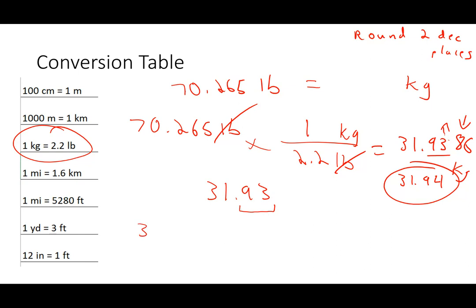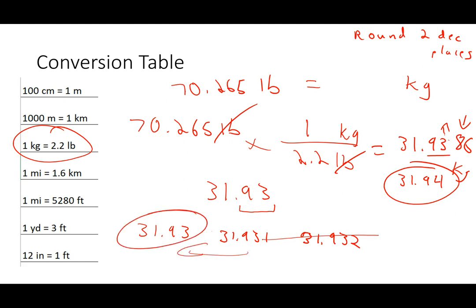Why? Because after 31.93 comes 31.931 and then 31.932. If I drop this, I'm rounding down to this number.